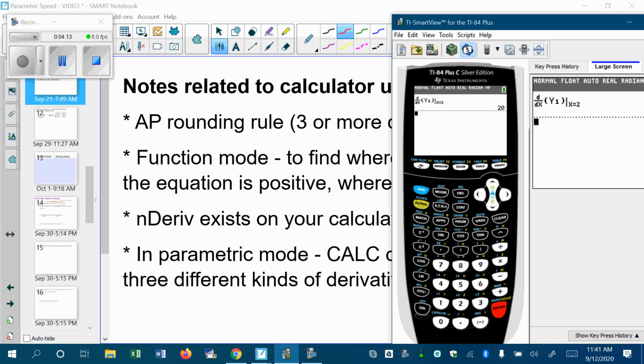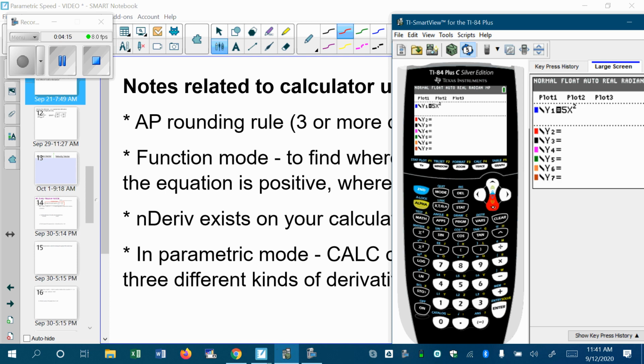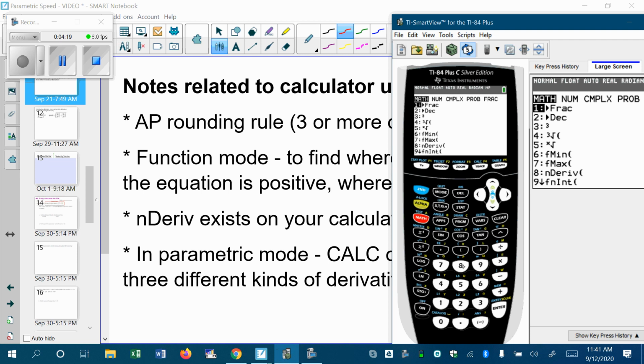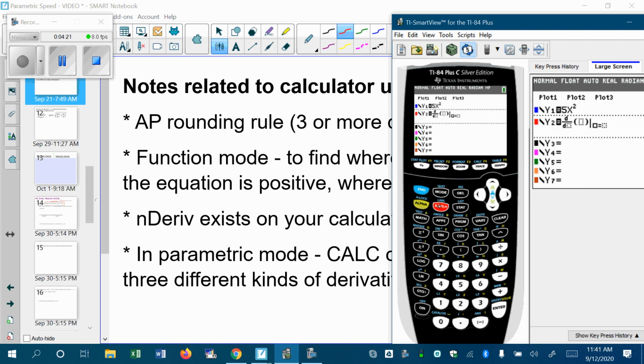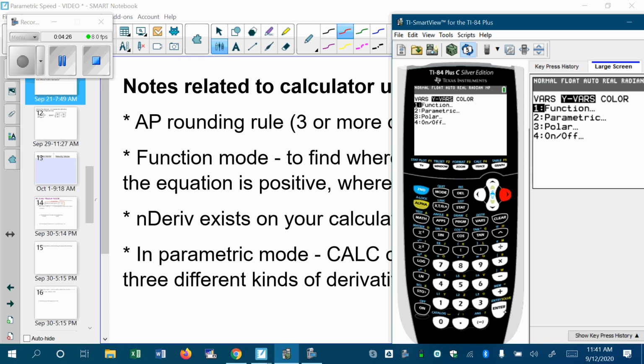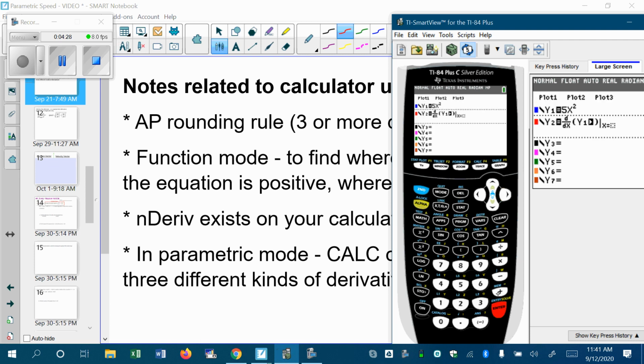I also can come back into my graphing menu and utilize this in a different but similar way. So still fill in x here, still fill in y1 here, but then say I want this for all x values.